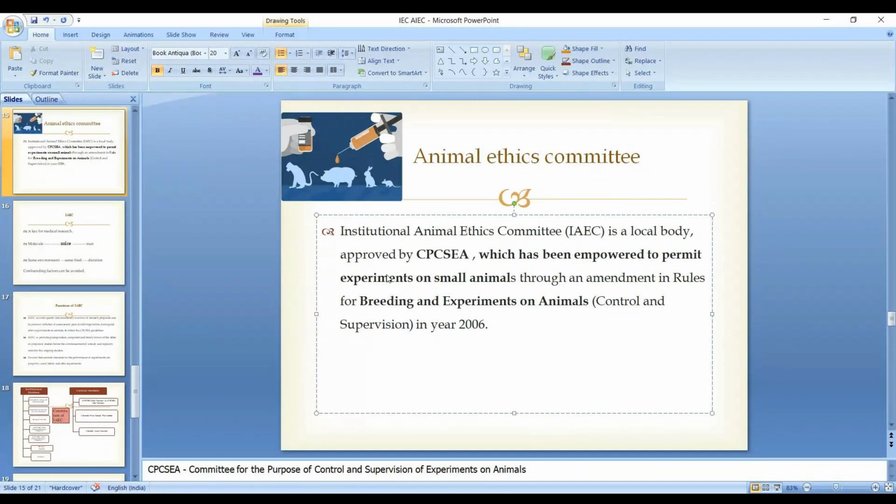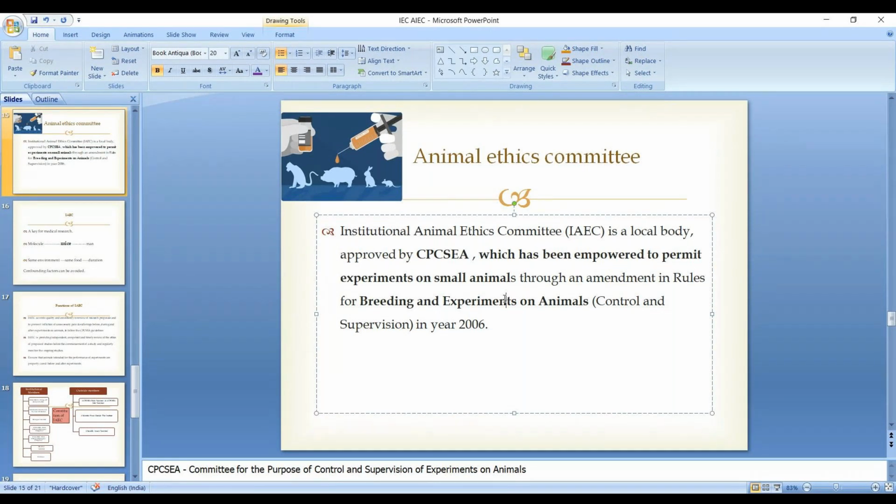Under this registration, you can breed the animals and use the animals for the experiments. So CPCSEA is a controlling body which is taking care of all those things.